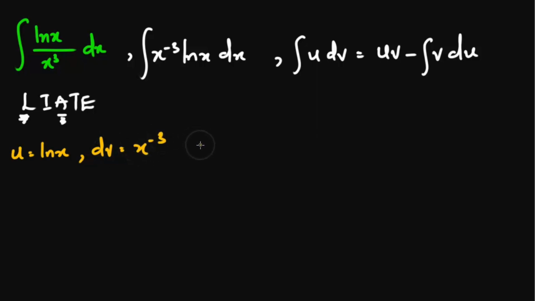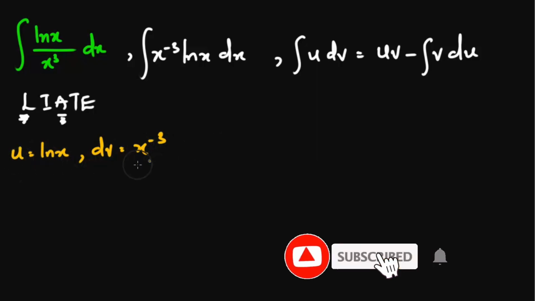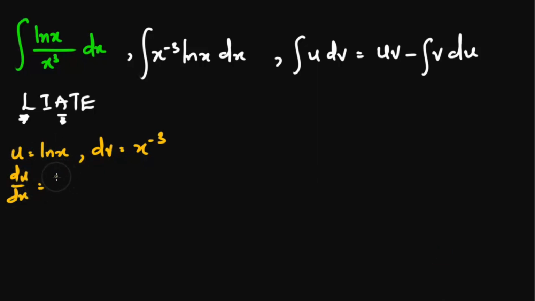power minus 3. Okay, so at this point we are going to differentiate u, integrate dv. So differentiating u with respect to x, when you differentiate ln x you have 1 over x, alright, and then integrating we are going to have v equals x to the power minus 2 divided by minus 2.